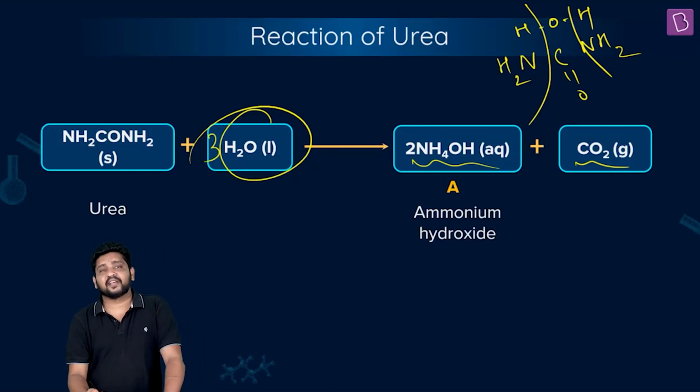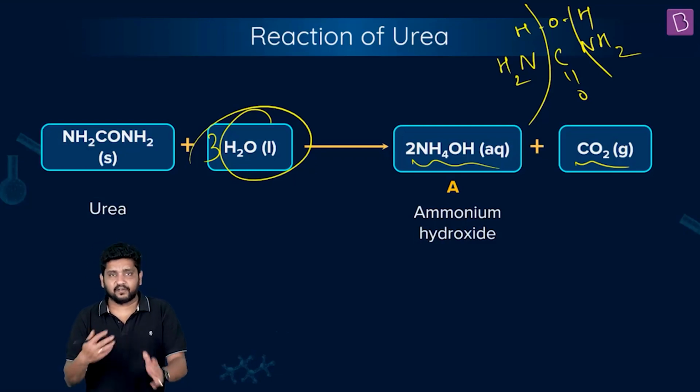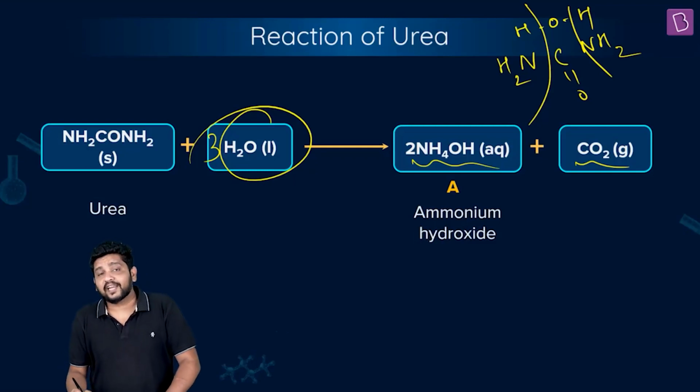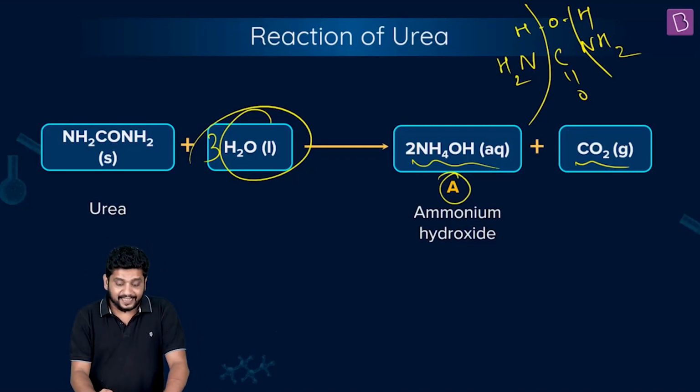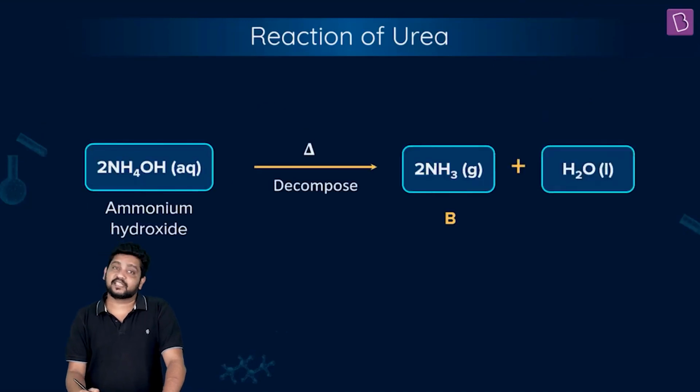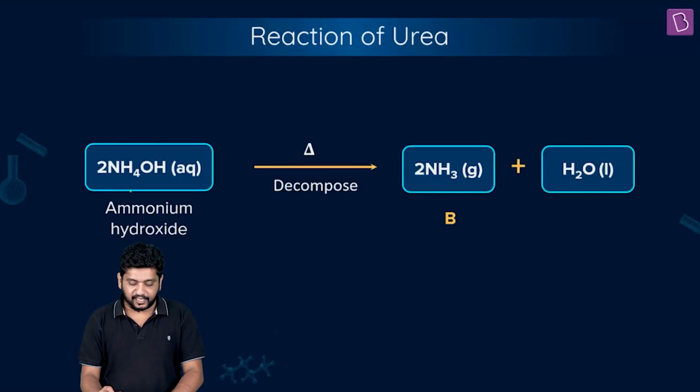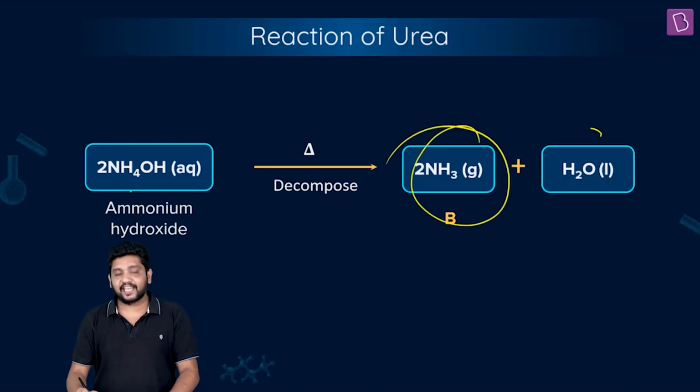First, when urea is reacted with water, you get ammonium hydroxide and carbon dioxide is evolved, right? So ammonium hydroxide is the A that they are talking about. When it decomposes, it gives B. That B is ammonia, right? Ammonium hydroxide is not very stable, so on heating you get ammonia gas and H2O.